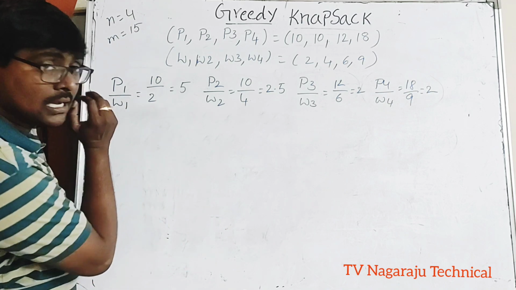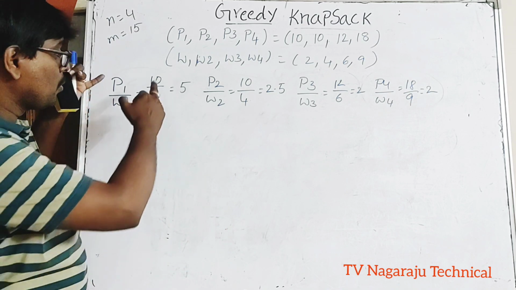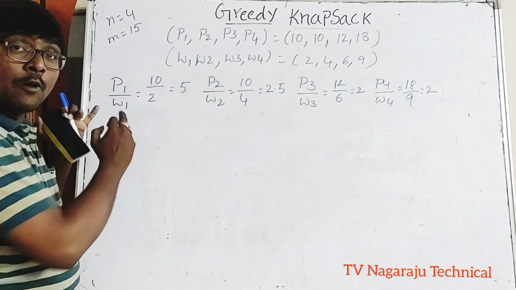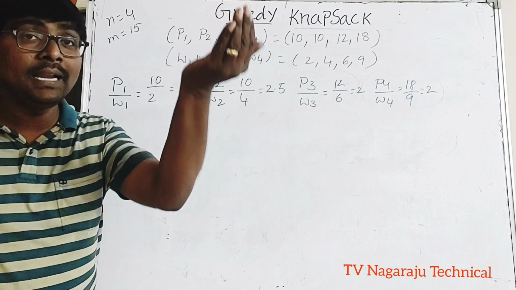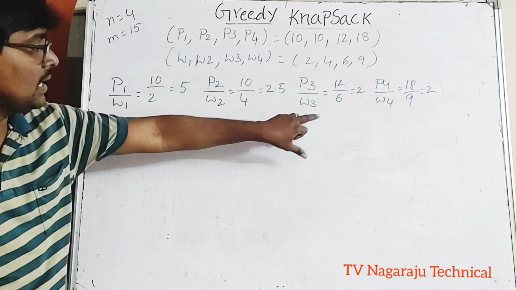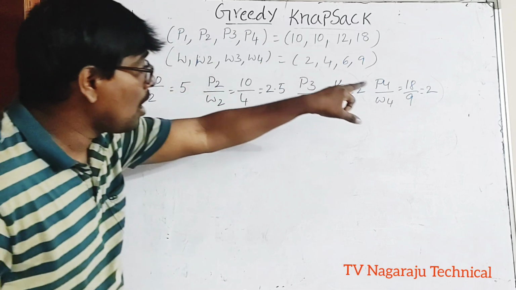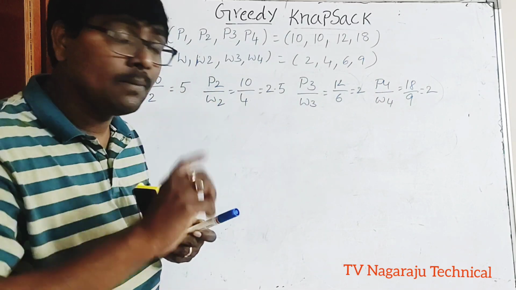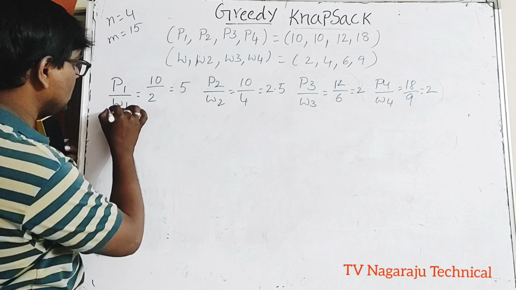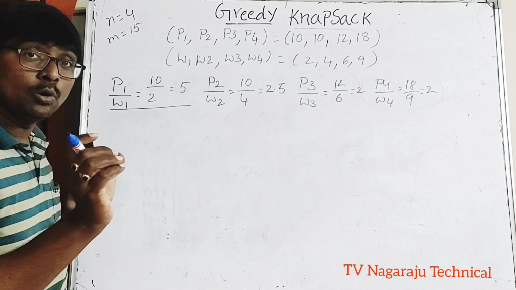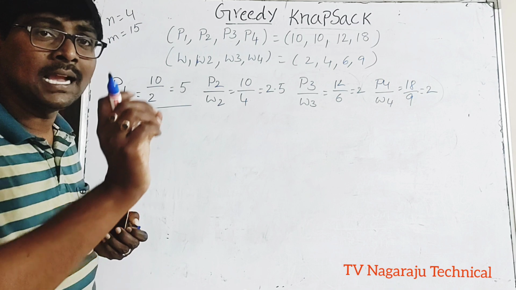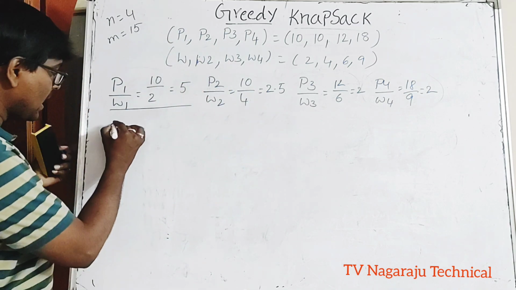Here, profit is the numerator and weight is the denominator, which means more profit, less weight. Among all these, which item has the highest ratio? This is my first item, the value is 5. So first we place object 1 into the knapsack.